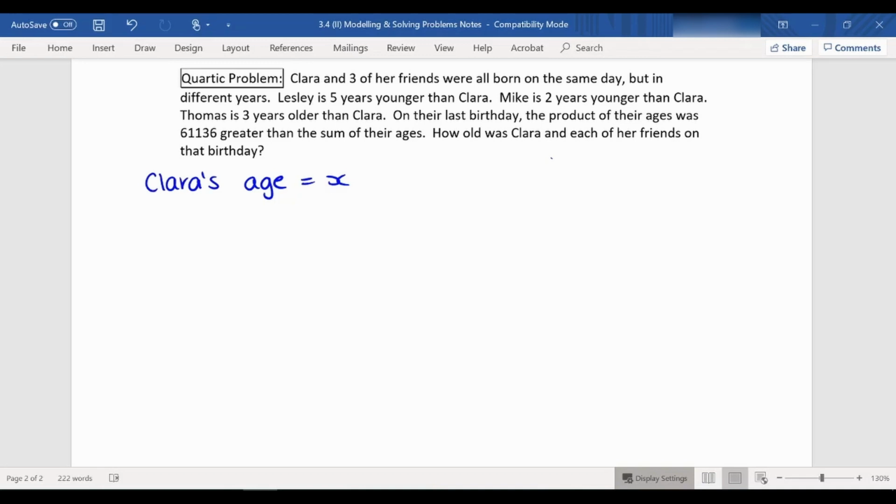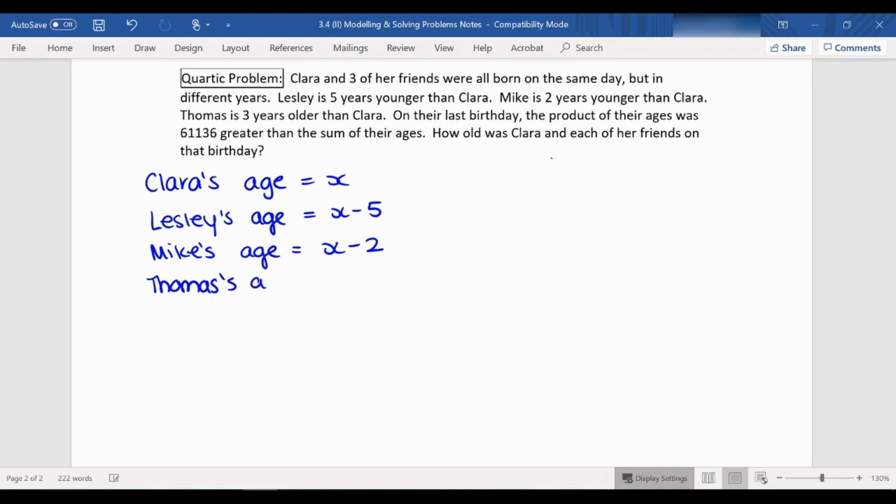Okay, so if Leslie is 5 years younger, Leslie's age would be X minus 5. Mike is 2 years younger, so Mike's age would be X minus 2. And Thomas is 3 years older, so Thomas's age would be X plus 3.